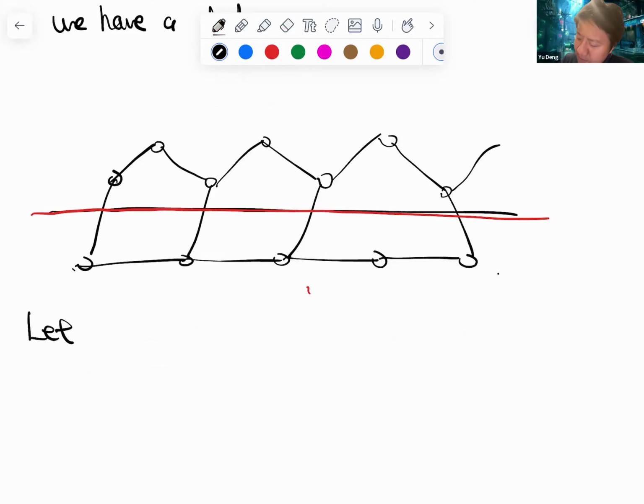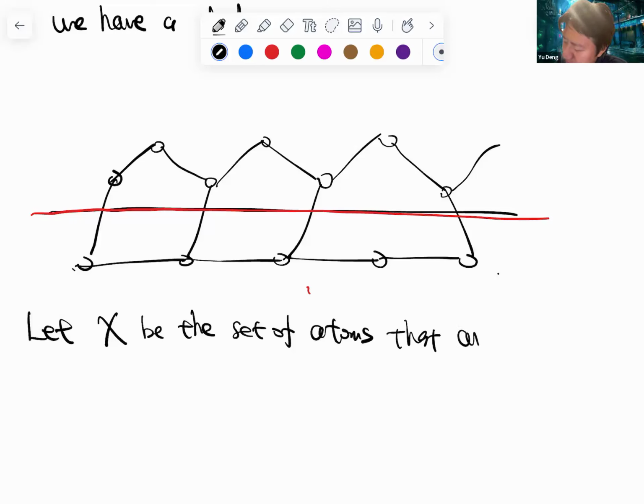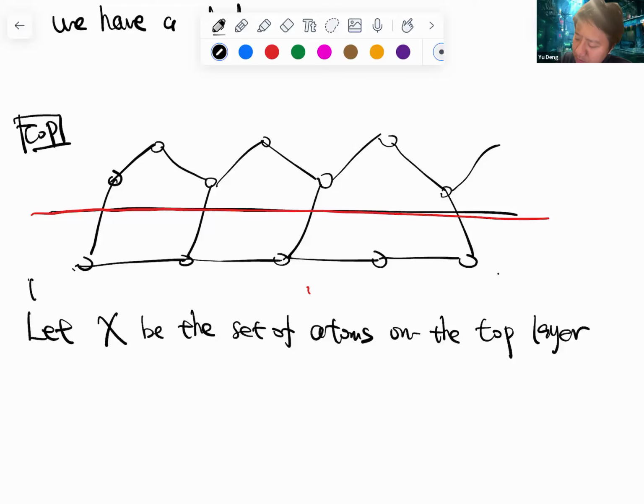So let X be the set of atoms. Again, here the notion atom means a collision. Remember we have two layers, the top and bottom.